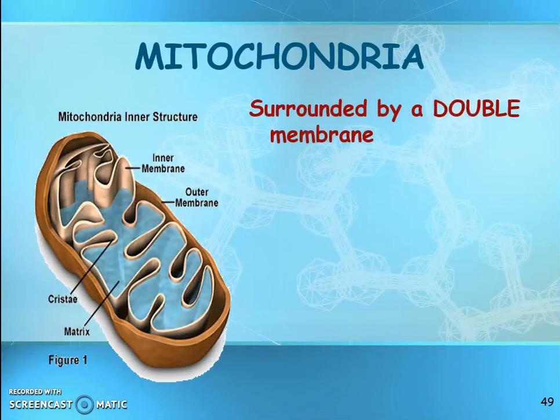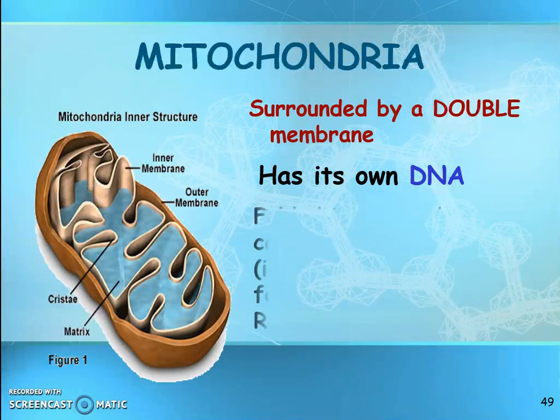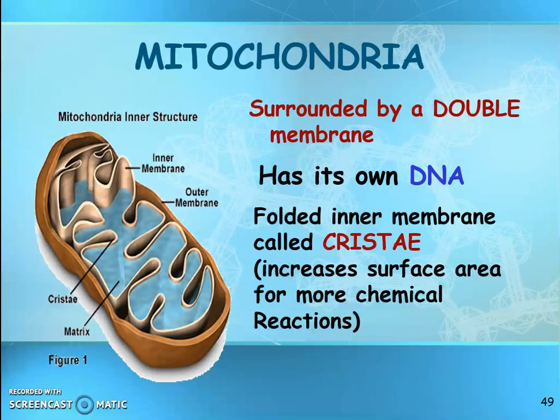They are surrounded by a double membrane and have their own DNA. They have an inner membrane folded into cristae that increases the surface area for more chemical reactions. As these mitochondria are continuously generating energy in the form of ATP, they need more surface area for chemical reactions.